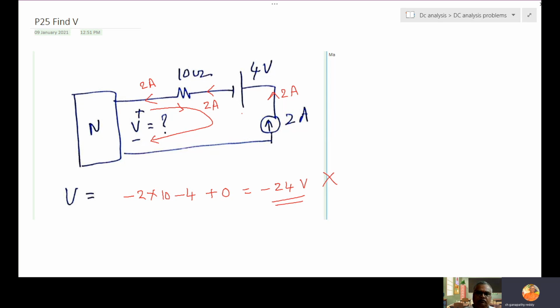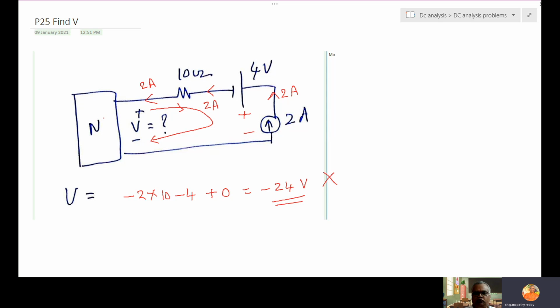As I told earlier, voltage across a current source is not 0, not infinite. It has some finite value. Without knowing that value, this V is not possible to find. If we know this V, we can find the voltage across the current source, or if we know the voltage across the current source, we can find V. And through this network, not possible to go.